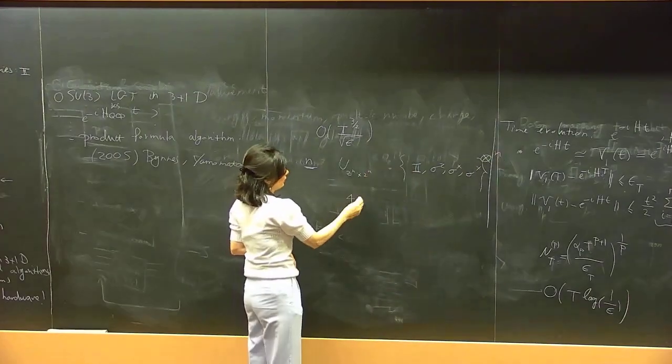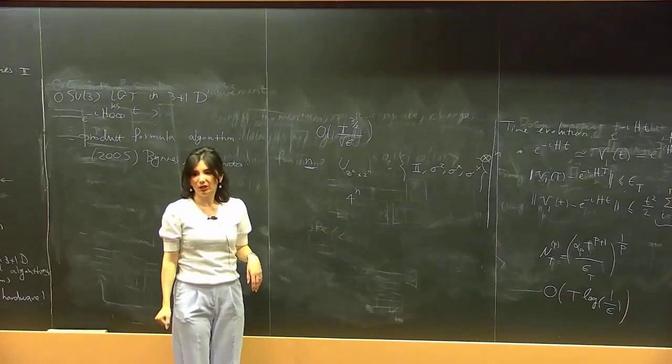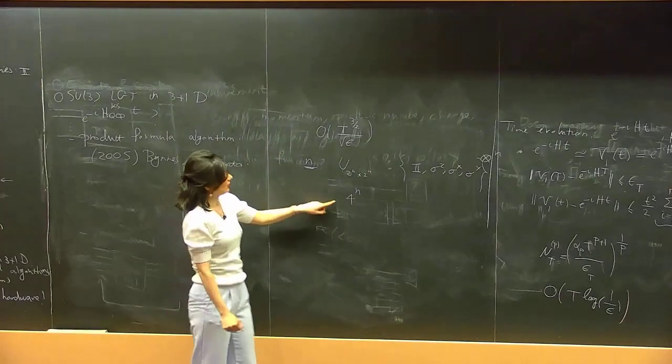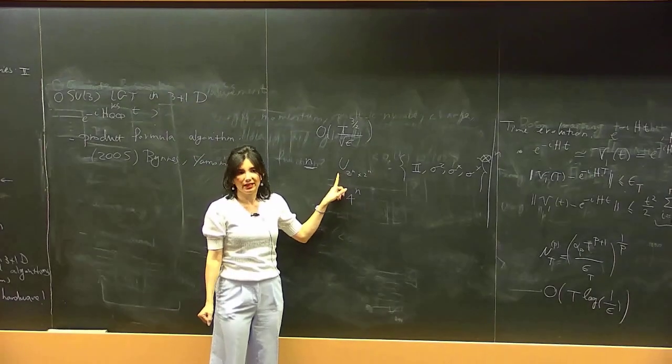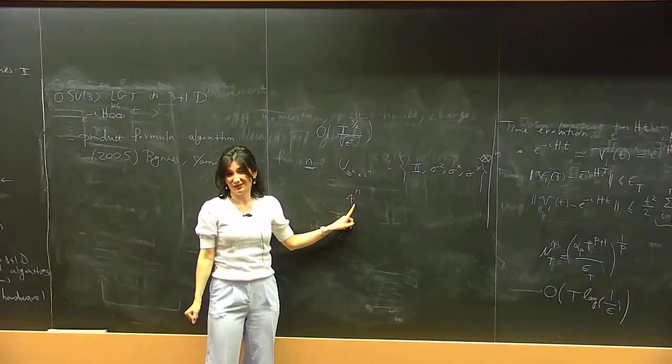So I can have 4 to the n number of Pauli operators that are associated with that unitary. That's the most naive thing that you can do, but it's exponential.